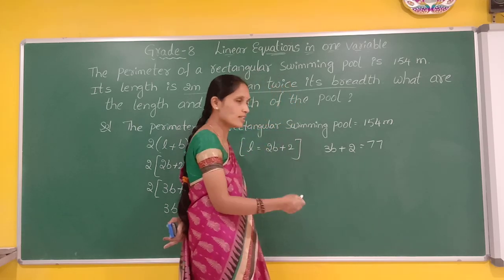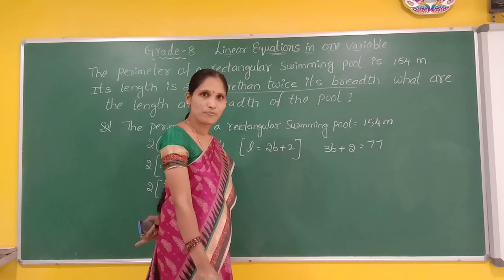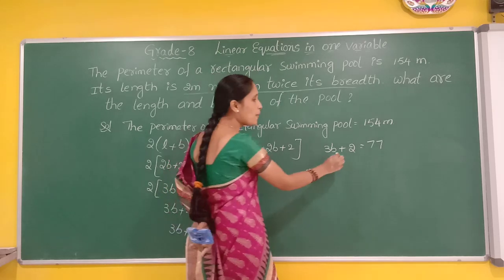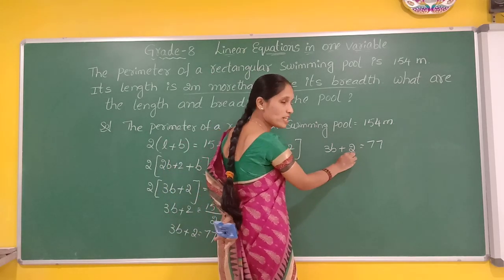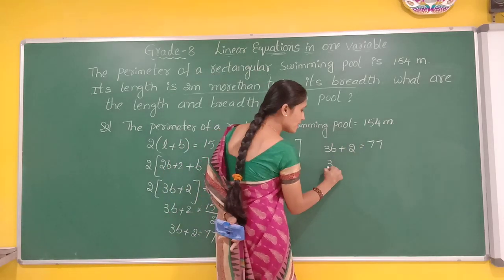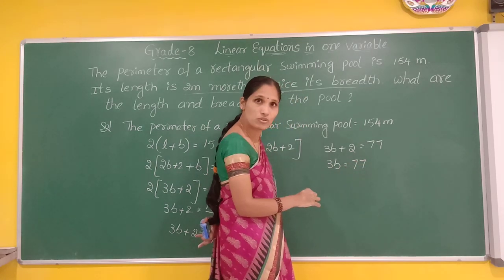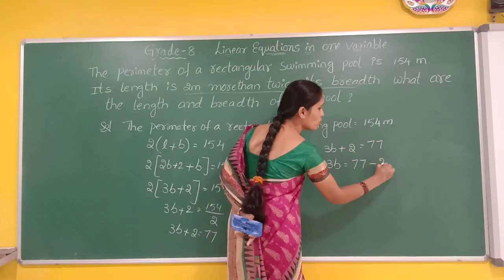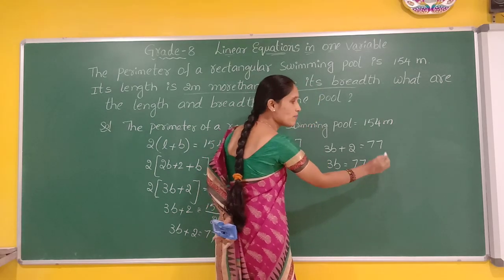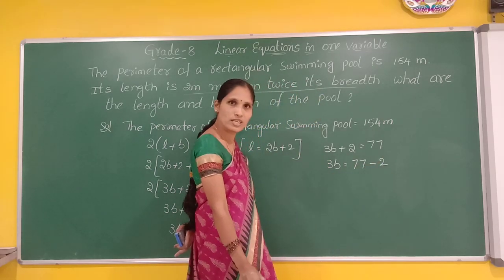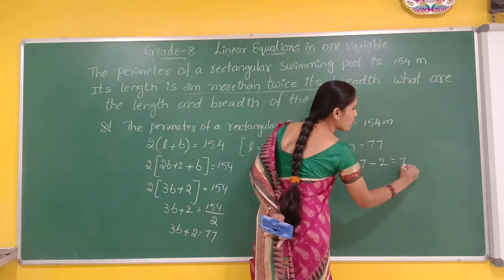Children, can you tell the next step? What is the next step? Transpose plus 2, the constant, to the right hand side. 3B is equal to 77 minus 2, since plus 2 becomes minus 2. So 77 minus 2, the value is equal to 75.